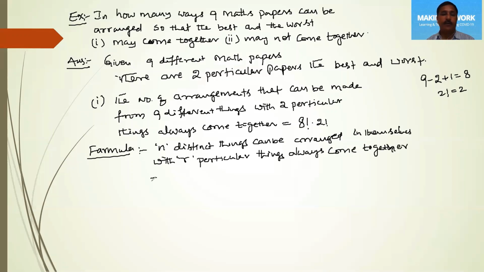Is equal to, so as we discussed just now, if our particular things are to come together, we have to consider them as one unit. That means first we have to remove those r elements from the given n elements and consider them as one unit. Now we add that. Now the total elements will be n minus r plus 1.